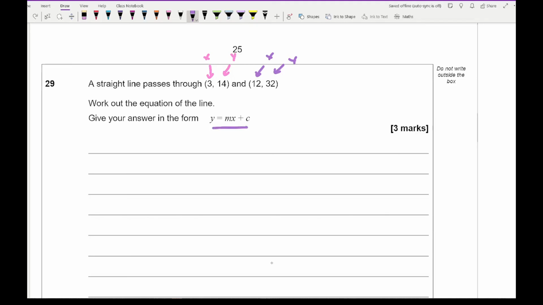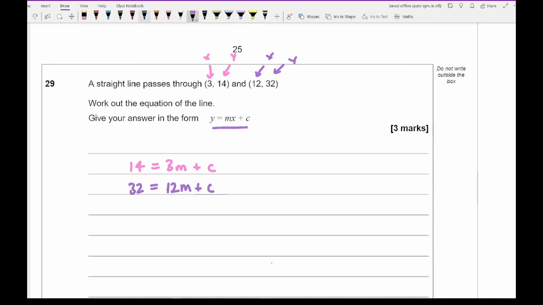for the first one I've got 14 equals 3m plus c, and for the second equation I've got 32 equals 12m plus c.